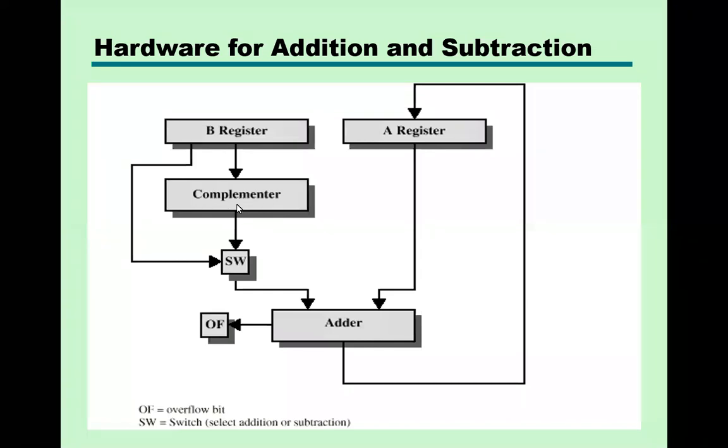That's why this input is there for the switch. If the negative value is there, the switch will choose this complementary value at the time of subtraction.